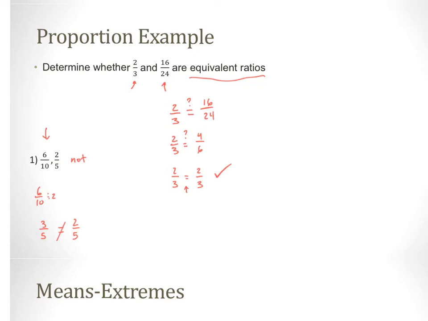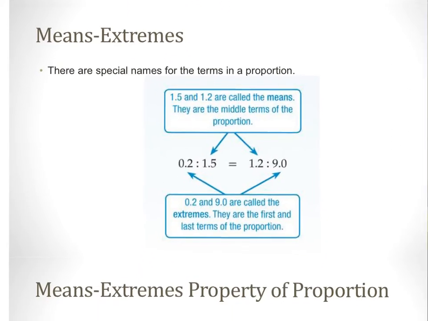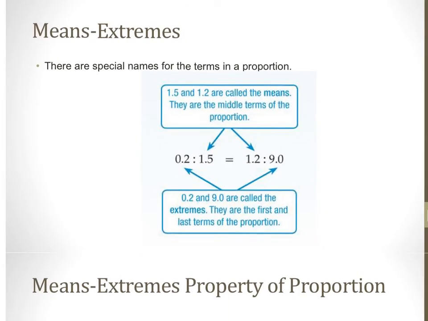Now, not all ratios, not all fractions are going to simplify this nicely. As we get into more complicated problems, we need to know this property right here, and the means and extremes of the different ratios. So if you were to write your ratios out like this, with a semicolon, the means are these two numbers, the ones closest to the equal sign.